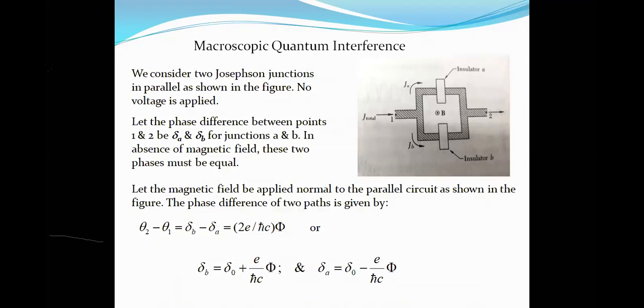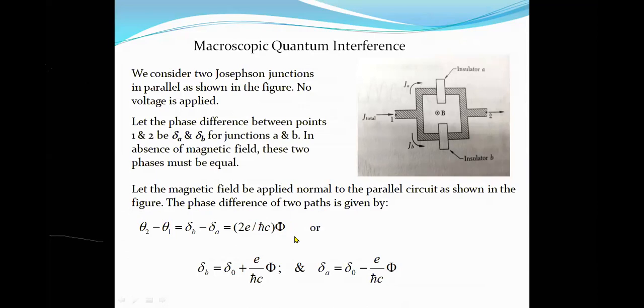Now this equation, you think how it is coming, because I have already told you when I told you about the flux quantization. You must be thinking where this equation is coming from.